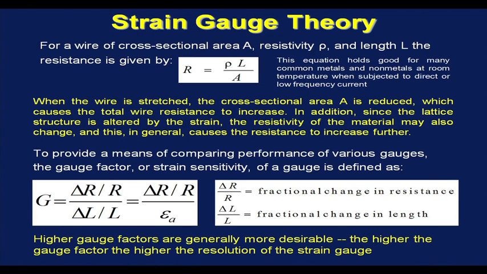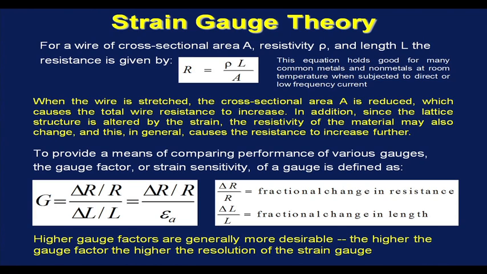For a wire of cross sectional area A, resistivity rho and length L, the resistance is given by the familiar equation R equals rho into L divided by A. This equation holds good for many common metals and non-metals at room temperature when subjected to direct or low frequency current. When the wire is stretched, the cross sectional area A is reduced, which causes the total wire resistance to increase.